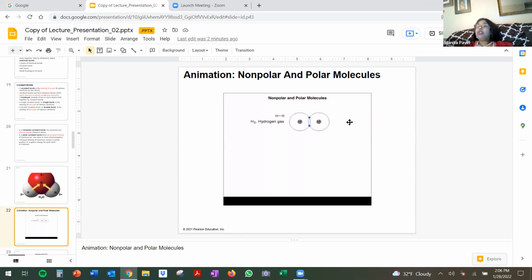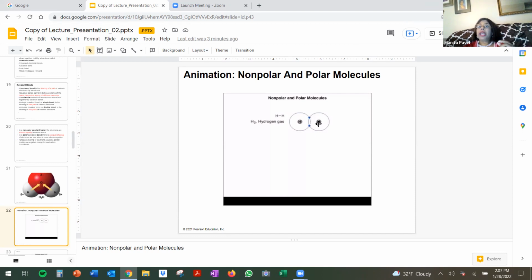Hydrogen gas is stable because it has shared a pair of electrons. This hydrogen atom shares its valence electron with the other hydrogen atom, resulting in H2 gas. And now hydrogen gas is stable.